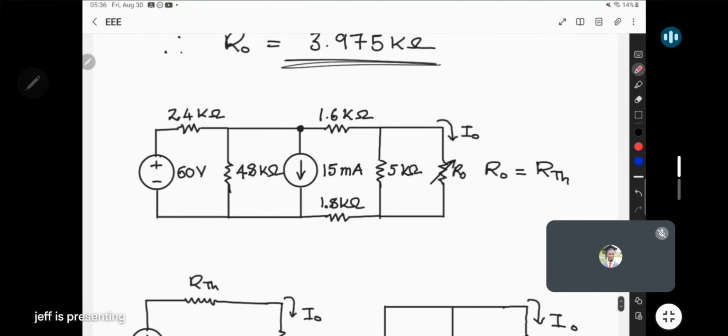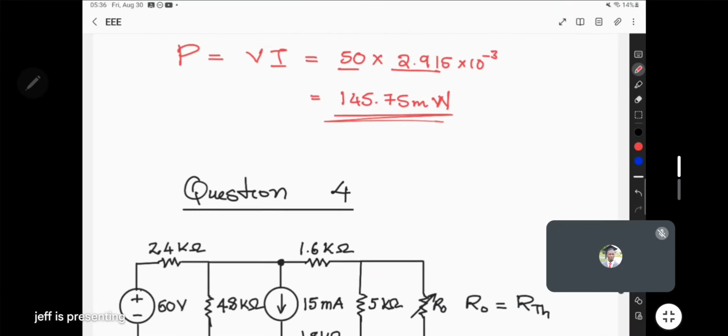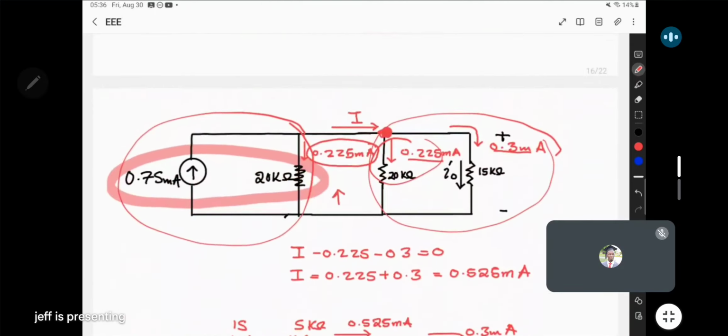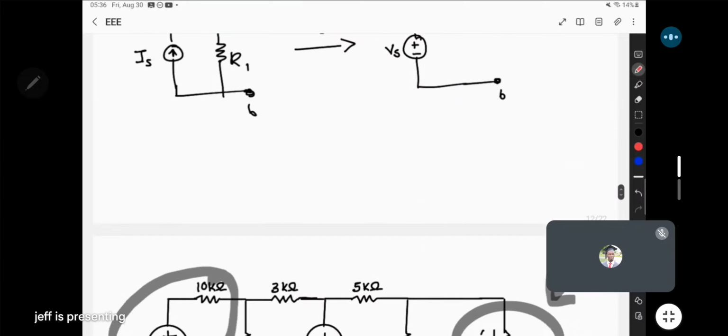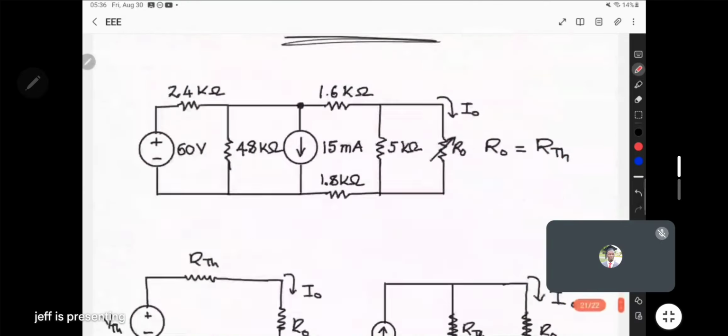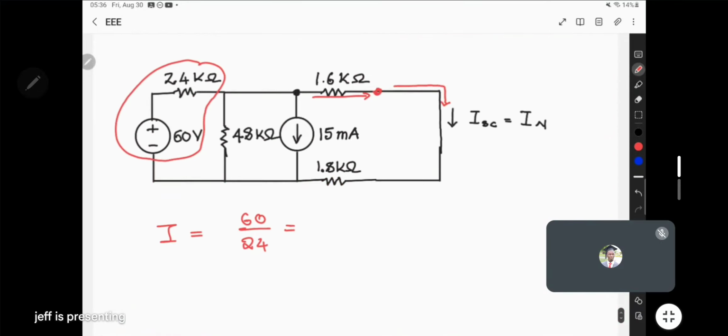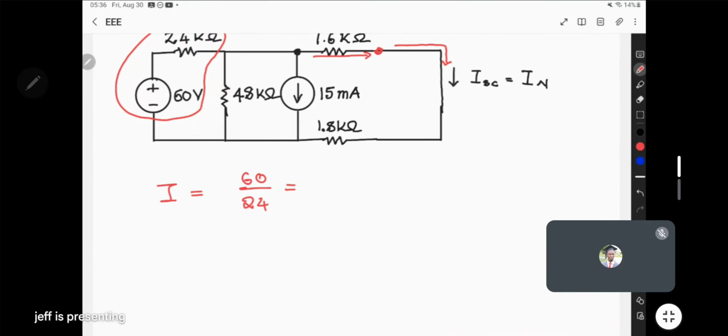Let me just verify from the original problem. 24. Okay, so here we get 2.4.